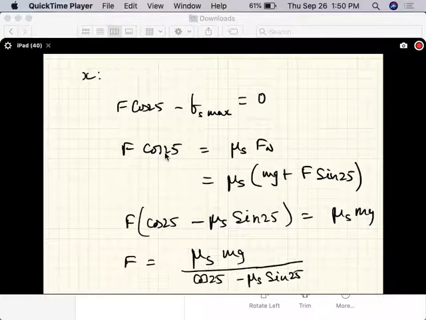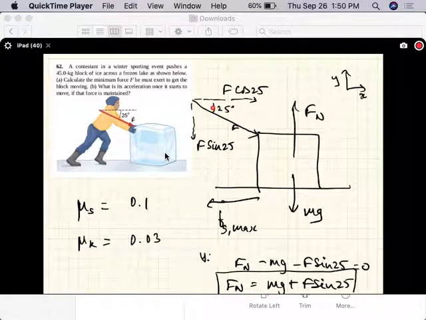Okay, and if this is positive, then it has a solution, and then you could move the block. If mu s was too large and you're pushing down on it, this could get negative, and then you couldn't move the block. Okay. All right. And of course, if this angle got larger as well, you couldn't move the block.